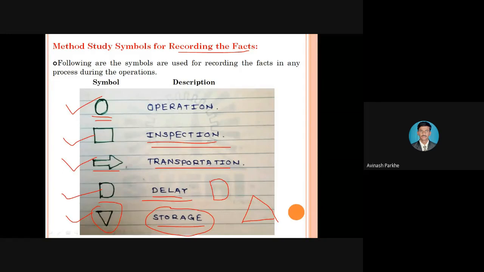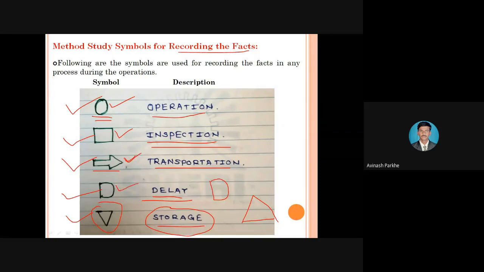So these are the 5 symbols which we have to use in that recording technique. Any operation which will be performed by any machine can be represented by this circle. Inspection means checking the dimensions, checking the job, and it can be represented by this rectangle. Transportation, movement of job or material from one machine to another machine, from second to third, can be represented by this arrow.